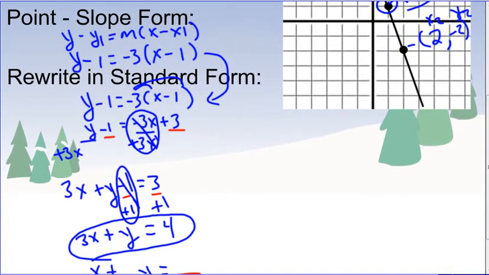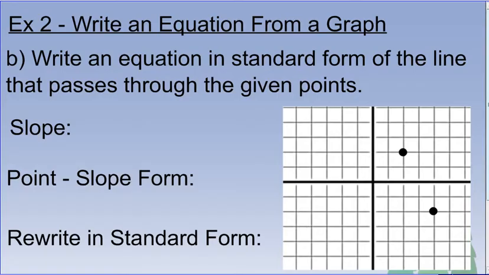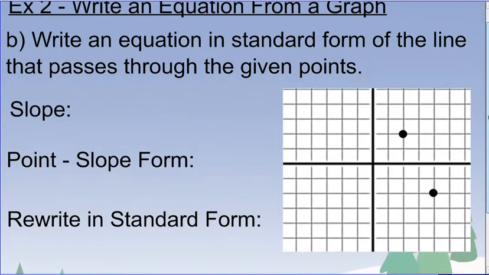Let's see another example here. Same deal. Write the equation in standard form of the line that passes through the given points. So we want standard form, which means we want ax plus by equals c. So first things first, I'm not going to draw the line in here this time. We want the slope of these 2 points.